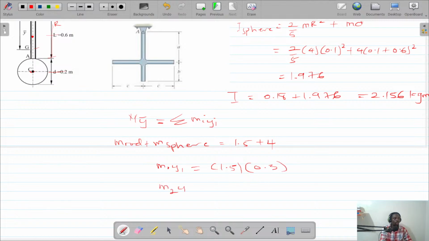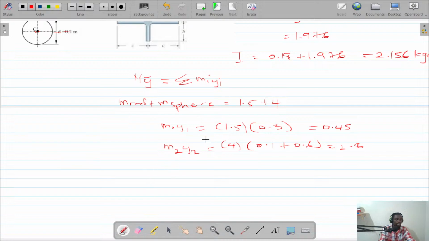And then M2Y2 will be equal to the mass of the sphere, which is 4, and the distance from its center to O is 0.1 plus 0.6. So this one gives us 1.5 times 0.3, which is 0.45. And this one will be 4 times 0.1 plus 0.6, and this one will be 2.8.